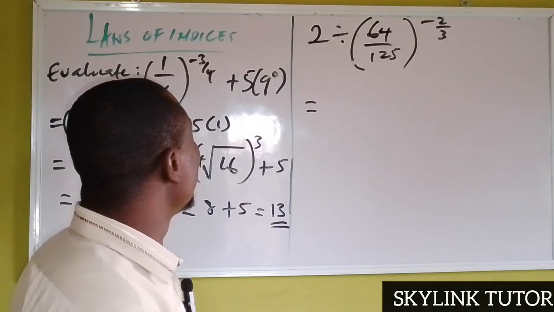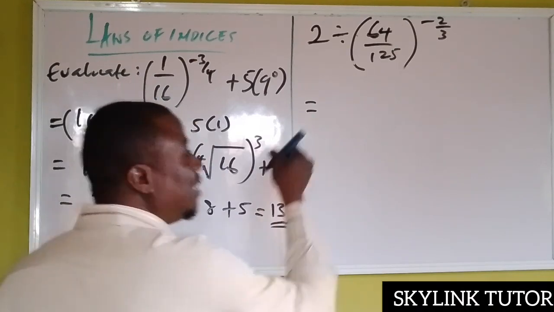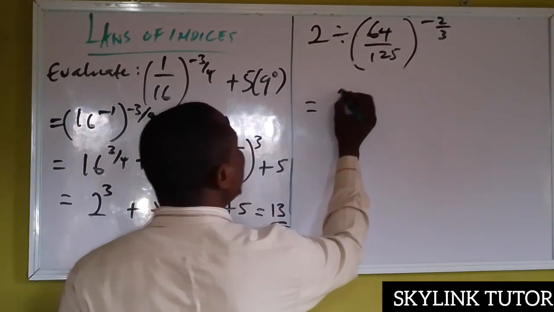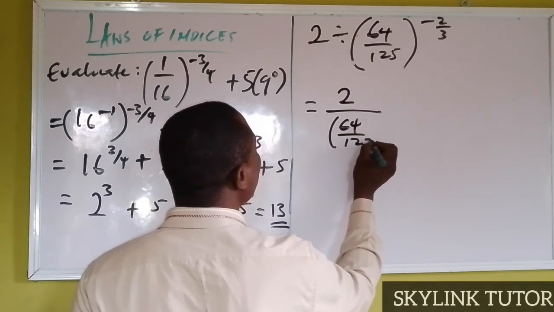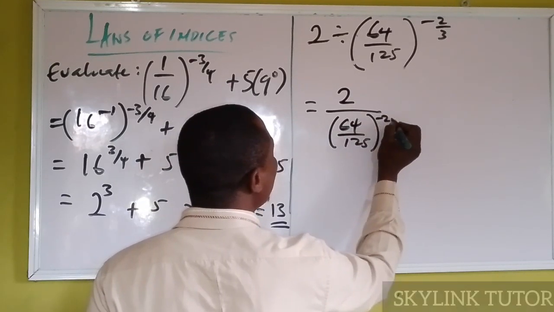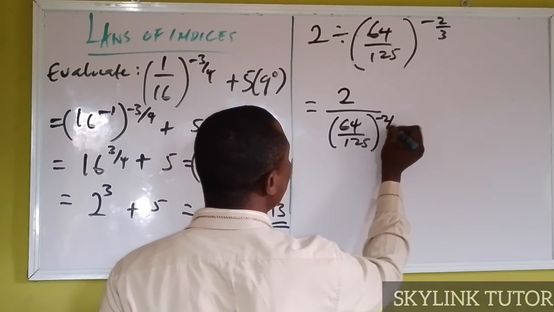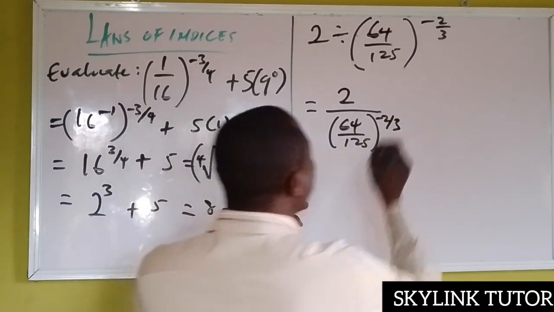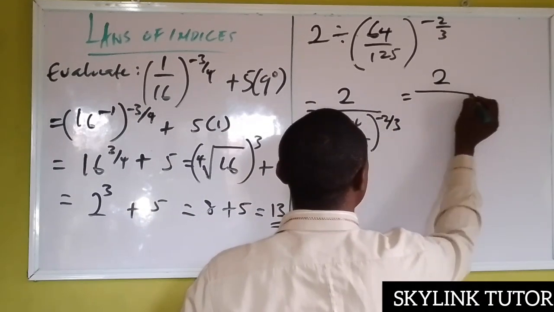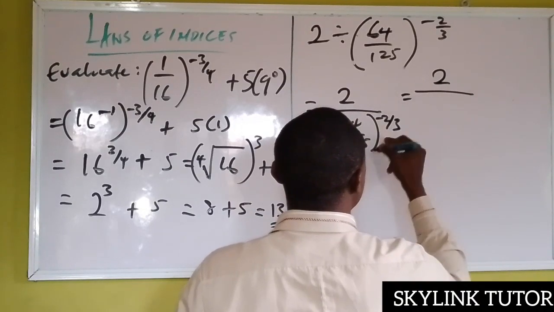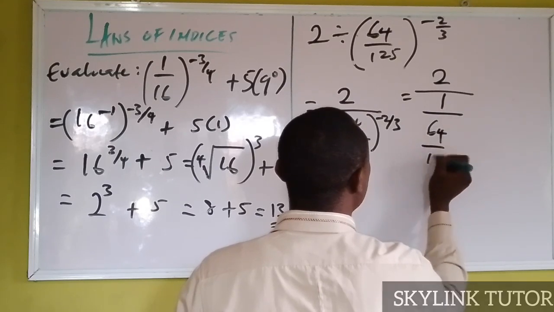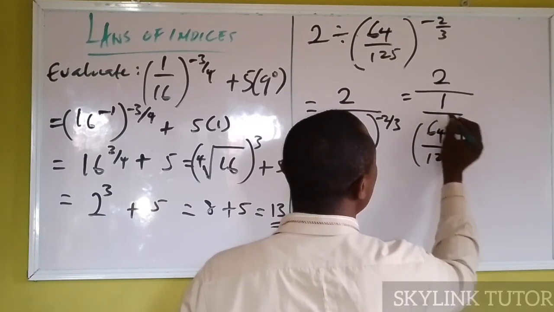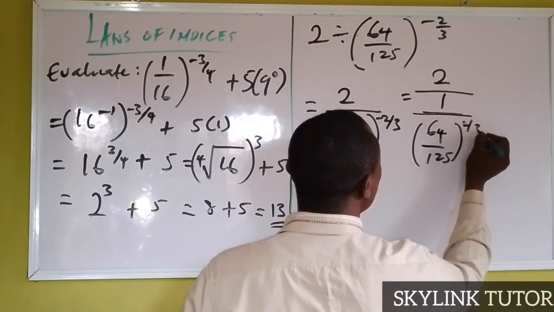If you look at this thing very well, the original question is going to look like this: 2 divided by 64 over 125 raised to power minus 2 over 3. Another one is 2 divided by 1 all over 64 over 125, raised to power 2 over 3.